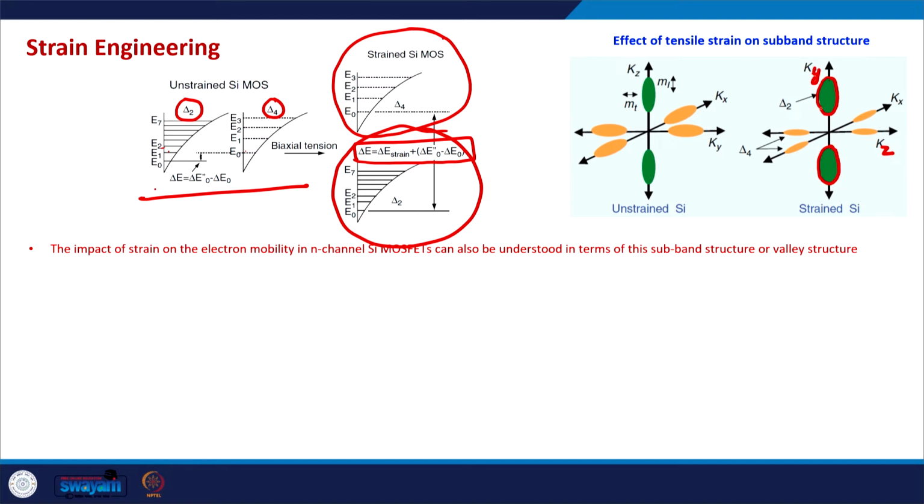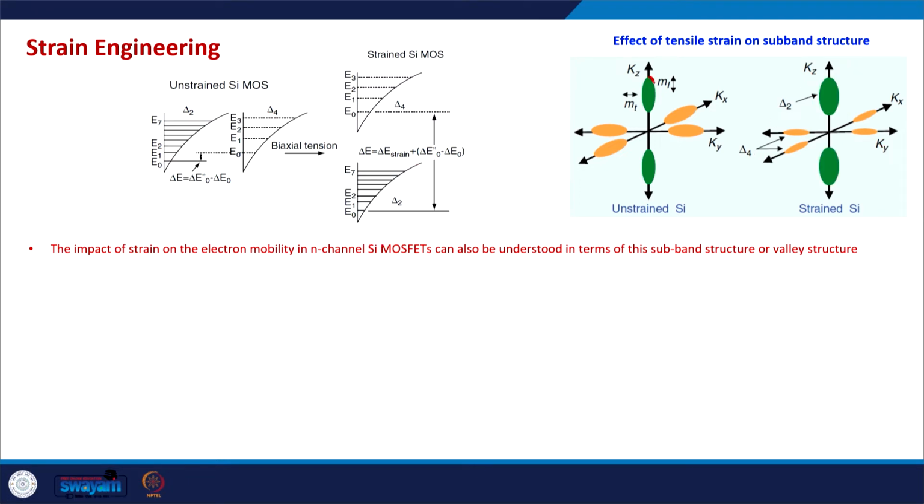Because of the biaxial strain, even these ellipsoids are modified, as you can see. In these 2 valleys, in the direction of confinement along the y direction, if you closely have a look, the curvature in this direction was less, now the curvature is more.